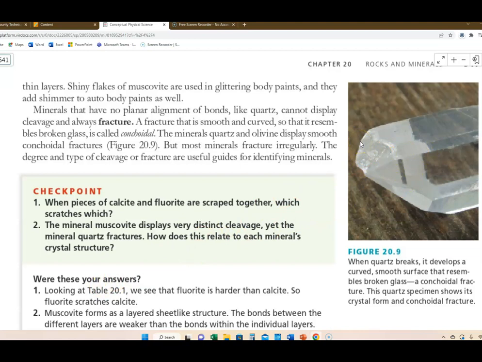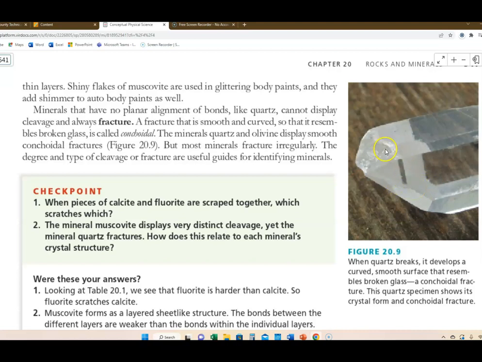They're kind of two extremes. With cleavage, you have weak bonds in a certain direction, and so it'll break in that direction, right? With fracture, the bonds are pretty much the same in all three dimensions, and so when it breaks, there'll be some randomness to the way it breaks, whereas cleavage always breaks in the exact same way.